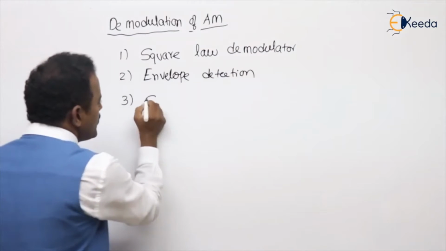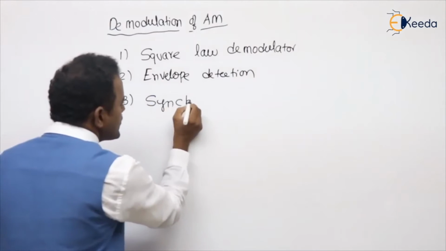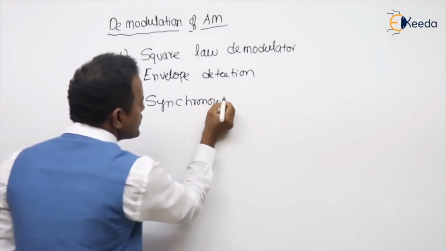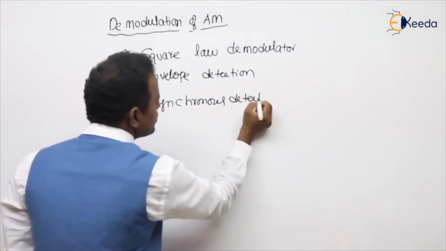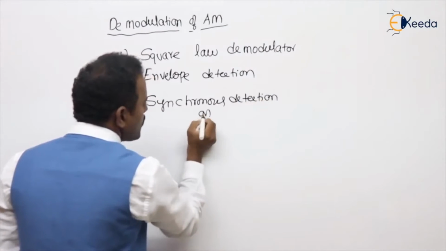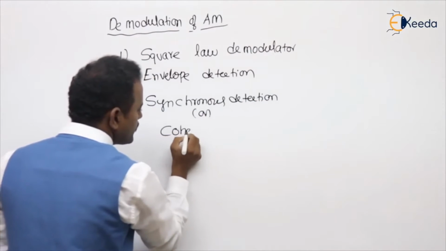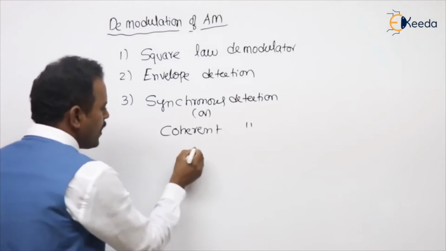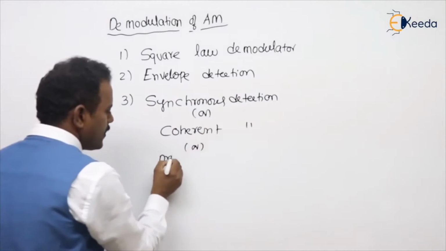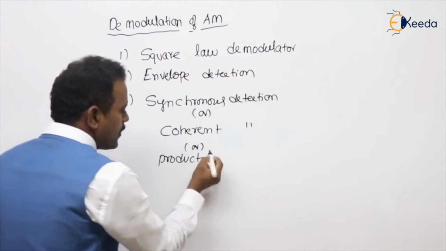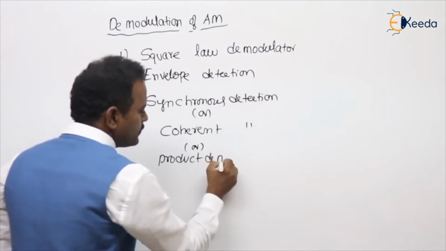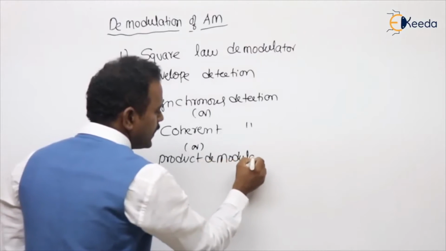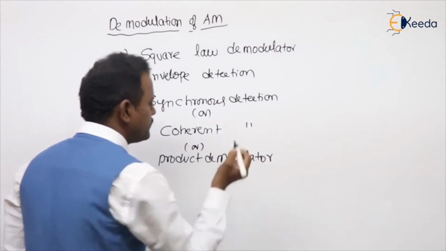Coming to the third one, it is called synchronous detection, also called coherent detection, also called product demodulator. All the three names, remember, are demodulators.